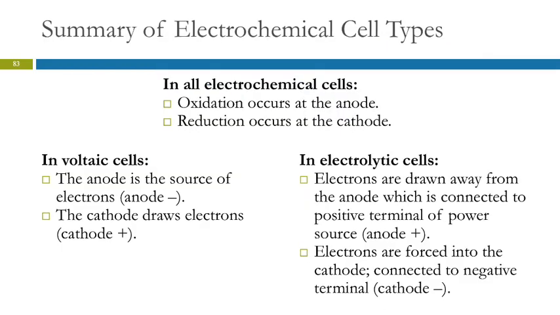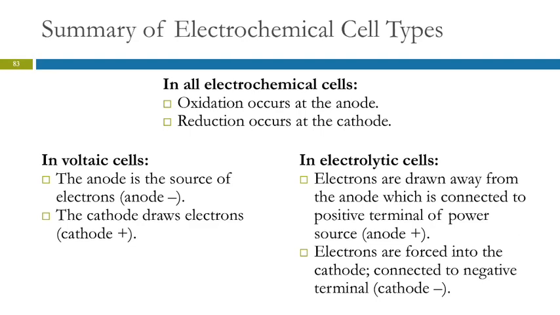So here we've got a summary of electrochemical cells. We always have oxidation at the anode, reduction at the cathode. In a voltaic cell, the anode is the source of electrons and the cathode draws the electrons. In an electrolytic cell, electrons are drawn away from the anode, which is connected to the positive terminal of a power source.